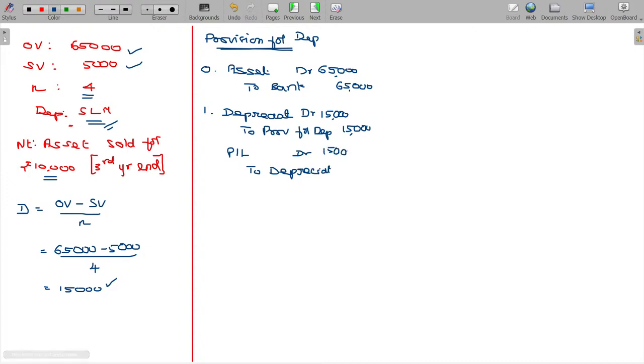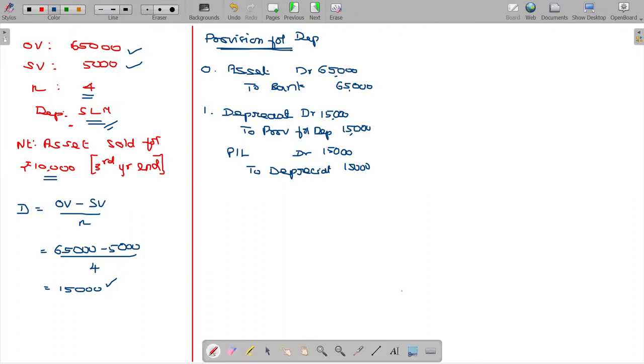And the same model you are going to follow year on year. This asset is used for 3 years, and after the 3 years only, this asset is going to be sold, right? So after the 3 years, we are repeating the same process. For year 2 and for year 3, these two remain as they are.